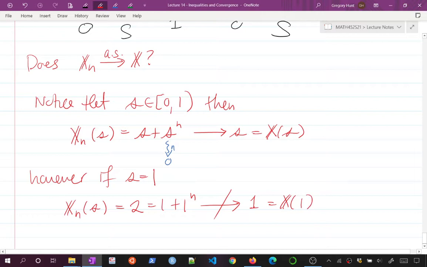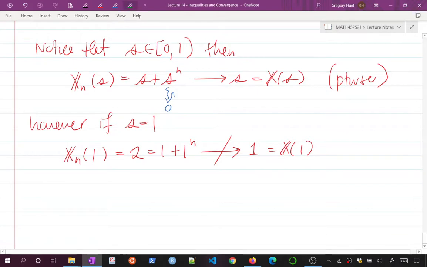X_n of 1 is 2, X of 1 is 1, and X_n of 1 is 2 always. So you never get convergence there. You get this pointwise convergence for s between 0 and 1, but not when s is 1. We don't care. The probabilist says, who cares?